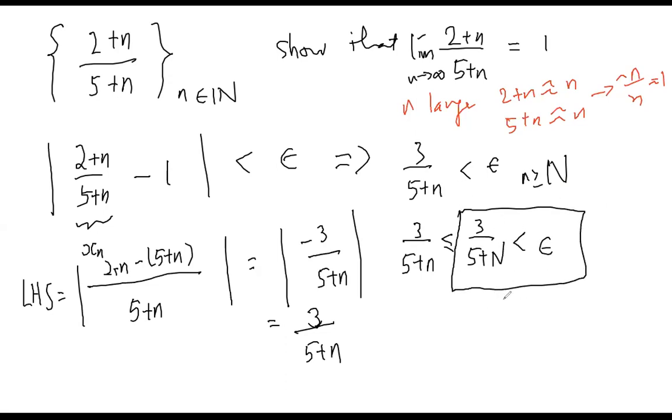Here it is clear that 3 over epsilon is less than 5 plus n. Therefore, your n has to be larger than 3 over epsilon minus 5. So you take your threshold to be something like this. What this threshold should be depends on epsilon. If your epsilon is very small, then this n is very large, and vice versa.